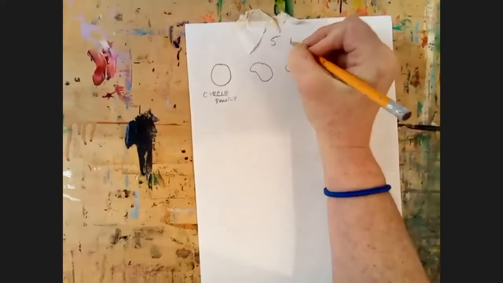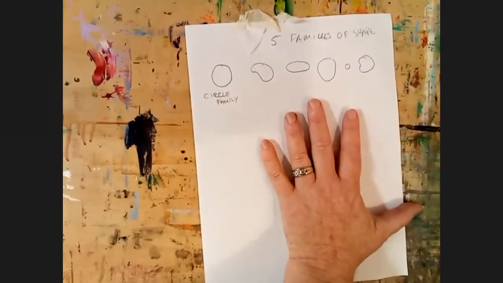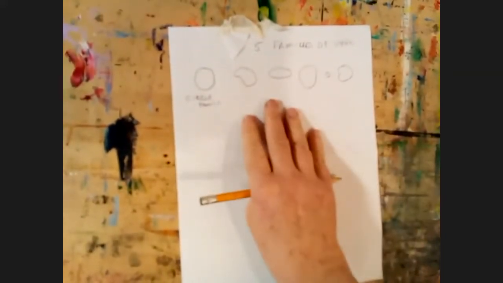And there are 5 families of shape in which we pretty much draw everything. Can you guys see how that might be helpful to have a concept of a circle as more than just a perfect round shape?